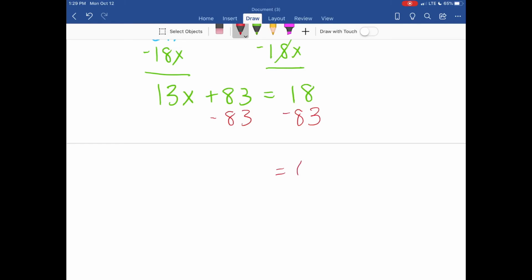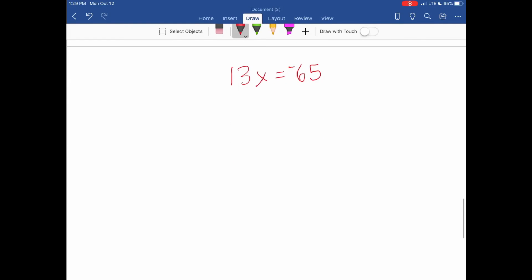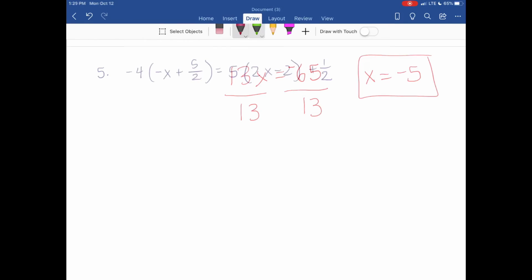God, these numbers got big. And so that's negative 65, Desmos is going to tell you. Or you can just do it by hand. And lastly, we want x alone, so we're dividing both sides by 13. Negative 65 divided by 13 is negative 5, and that's our answer.